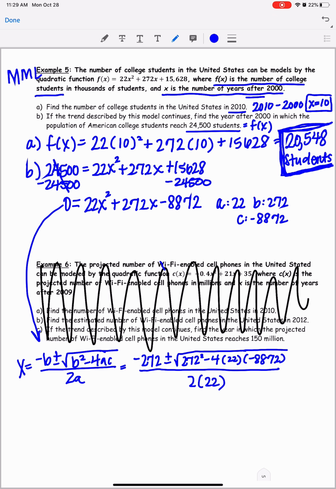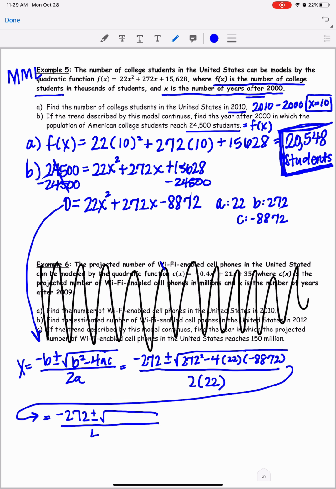So simplify this. We have negative 272 plus or minus the square root, I'm going to guess, of some huge number, all over 2 times 22, which is 44. So put it in your calculator.